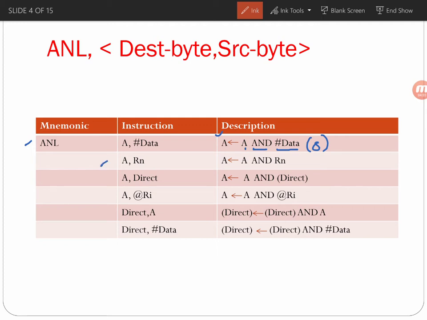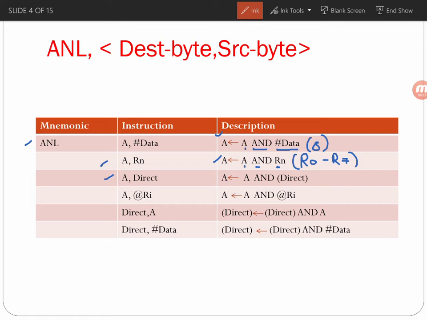In the second, the content of the accumulator register is ANDed with the contents of the register Rn, which may be any register from R0 to R7 of register bank 0, 1, 2 or 3, and the result is saved in the accumulator register.